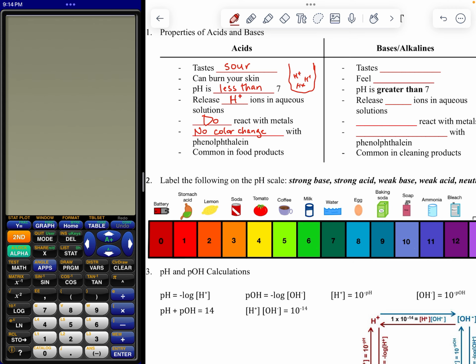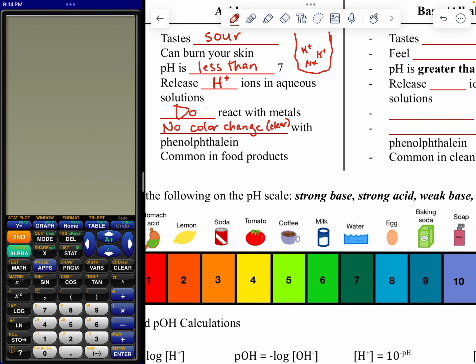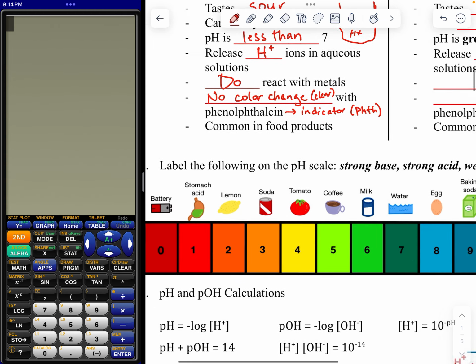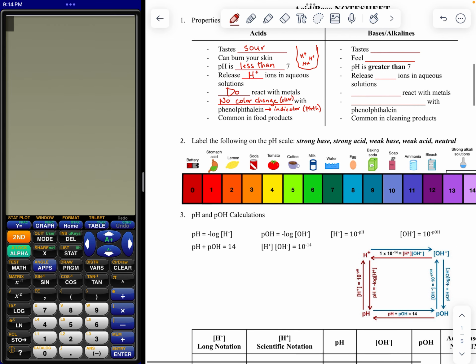You can say that they remain clear with phenolphthalein, which is an indicator, kind of like the universal indicator, and we abbreviate that as PHTH for phenolphthalein. And again, common in food products. You can see there lemon, soda, tomato, coffee, and all that fun stuff.